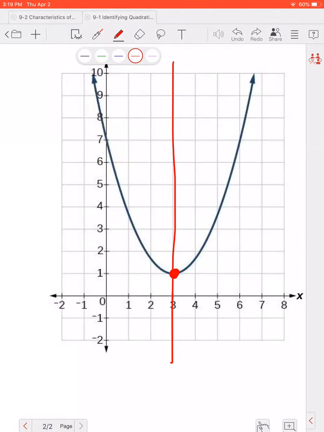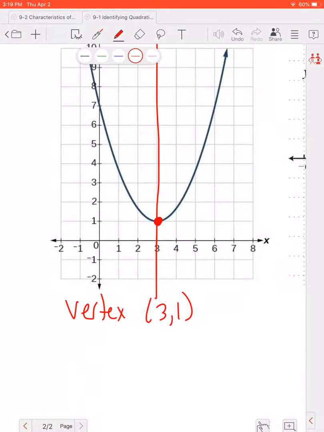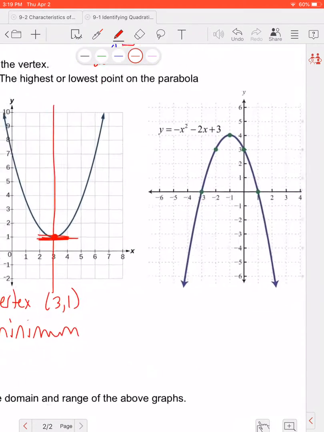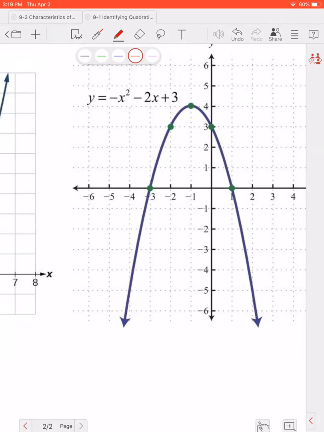Okay, so we can kind of tell that's the vertex, and that vertex in this case would be the point 3, 1. And this is in fact a minimum because it's the lowest point, okay? And that's going to come into play in just a minute here. Now looking at this one, go ahead and think, am I going to have a maximum, a minimum? What is my vertex?